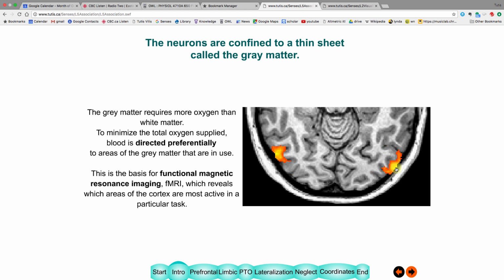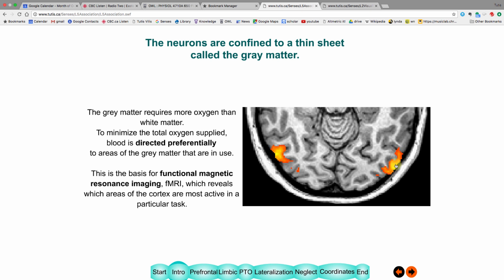So areas of the brain that are more active have a different appearance when you do a magnetic resonance of them, largely because, as you may remember, the hemoglobin in the oxygen that your red blood cells provide has a different nature when it's oxygenated versus when the oxygen is removed.